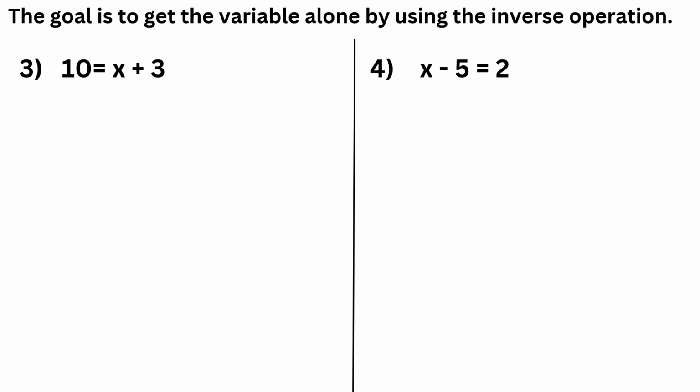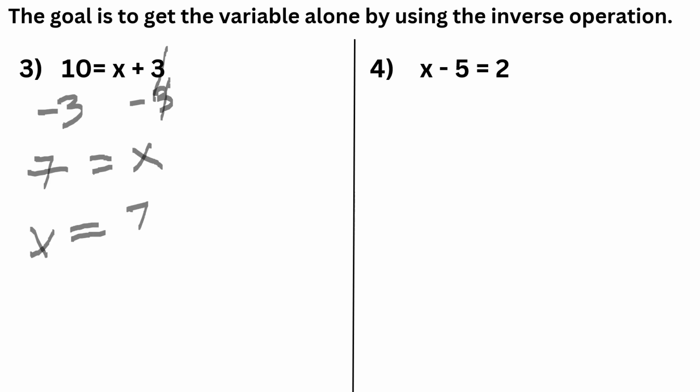So for this part of the equation, we have plus 3, so we have to do minus 3 on both sides. So the 3 here cancels out this 3 here. 10 minus 3 is 7. So that means x is equal to 7.